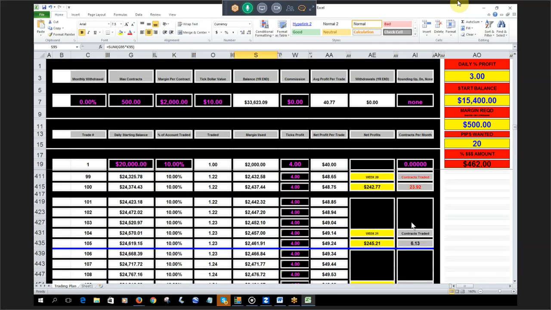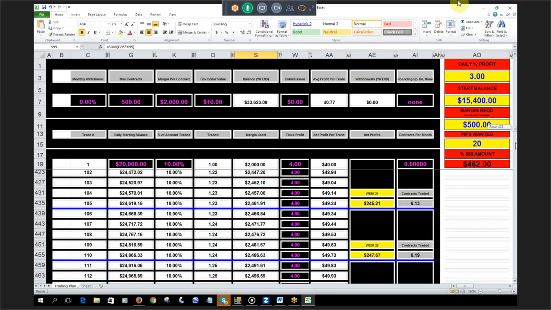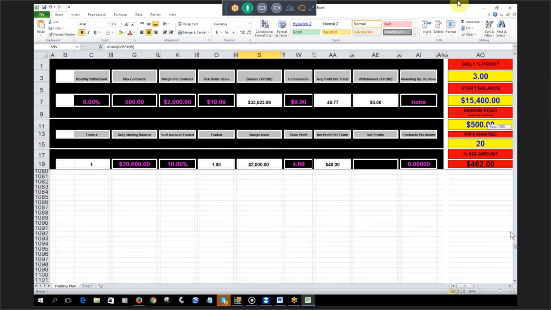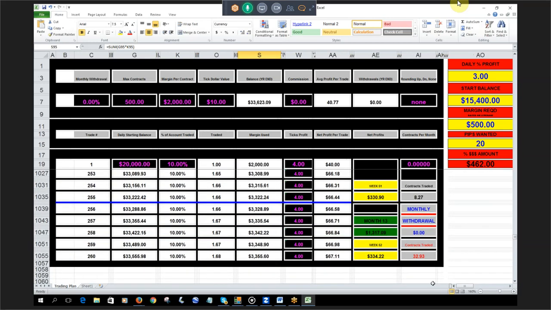Now you would need a larger account to get this all in one trade. I just want to see how far we go at the end of the year. At the end of the year here, you're making $67 on each trade you make. But at the end of the month, you're clearing $1,300. So you're making $1,300 a month trading, and you didn't change anything, and never went beyond 2 lots.